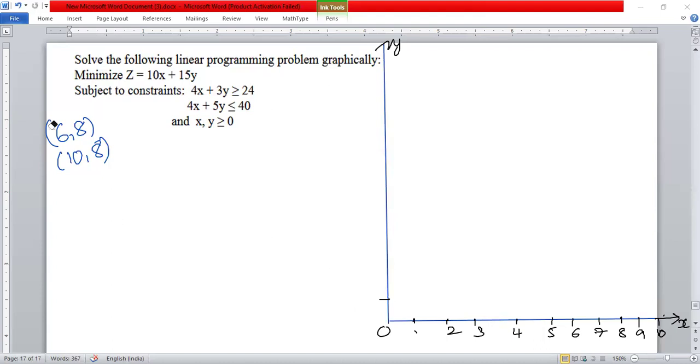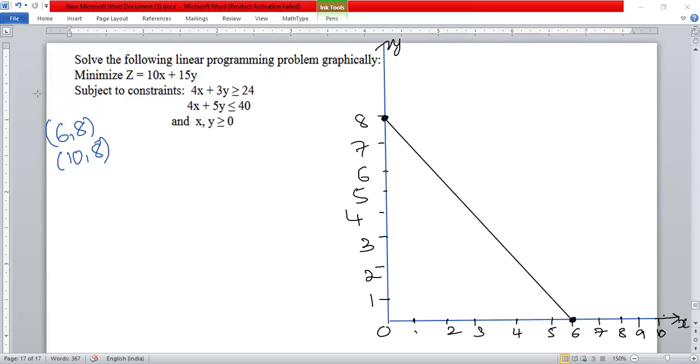So 1, 2, 3, 4, 5, 6, 7, 8. The first point 6 comma 8. Okay.